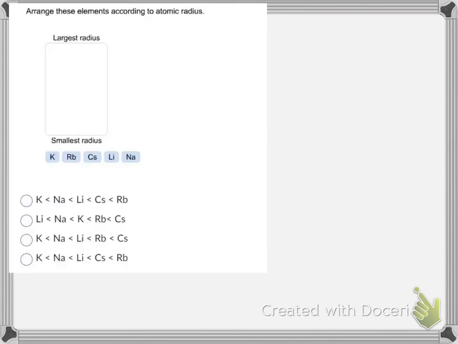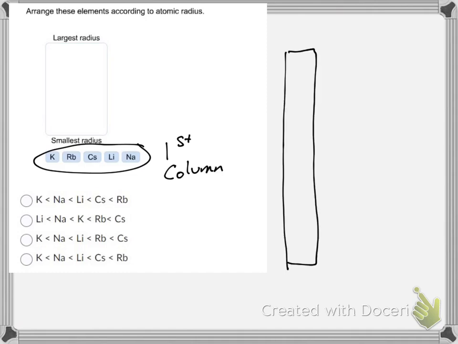Okay, in this problem, this is from the homework, we're being asked to rank radii, and this is going to be done using column effects or different shells. One thing we're going to notice is that as we go down the column, starting with lithium, sodium, potassium, rubidium, and cesium, we're adding shells.